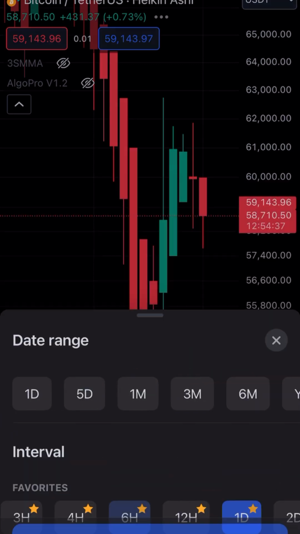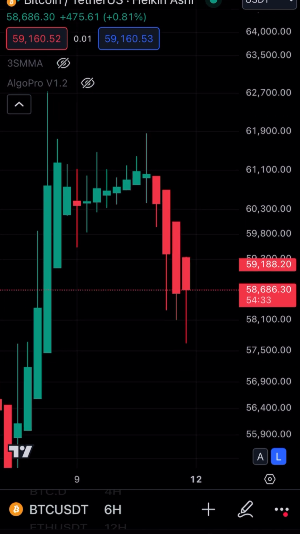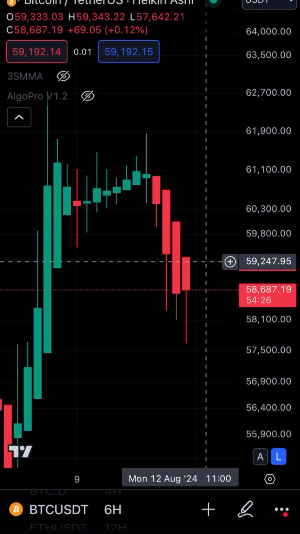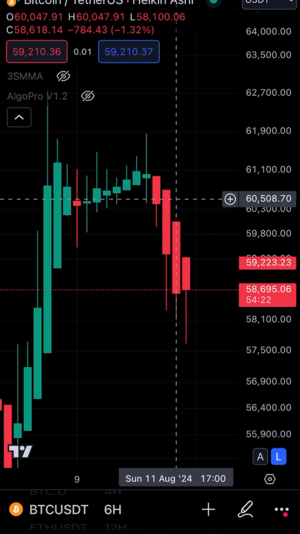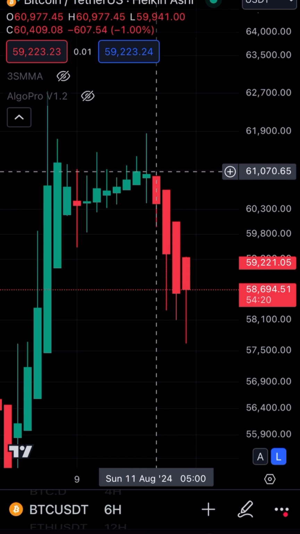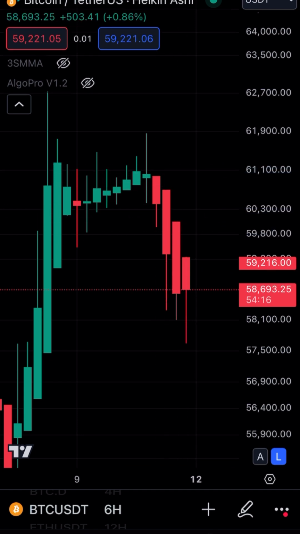So what I like doing is going to the 6 hour, which gives us more information. Looking at the 6 hour here, we can tell that the bearish candle has been going down for about 18 hours. We can see that there's no wick at the top on this one, this one, this one, and this one.